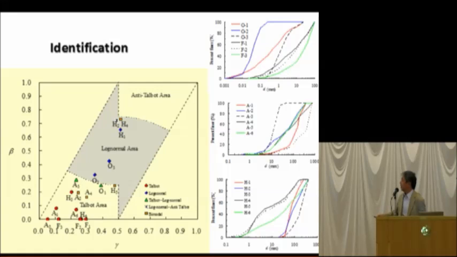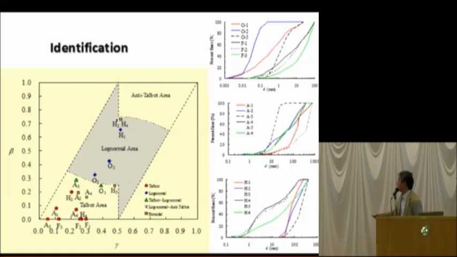This area is the Talbot area, this is the log normal, and this is the anti-Talbot area. For example, looking at this A3, maybe you can understand this is anti-Talbot distribution, and O3 is this one. This is a very beautiful log normal distribution.